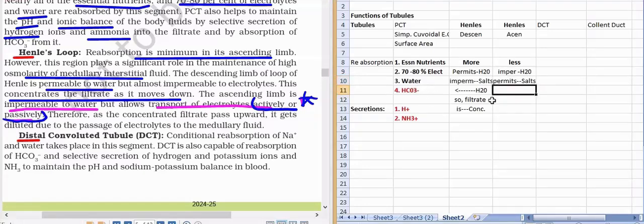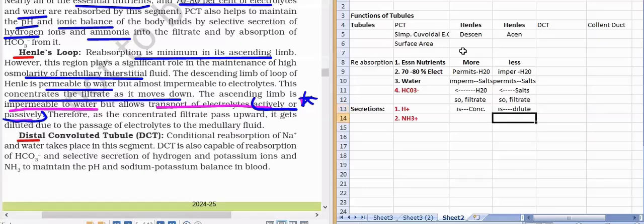So there is no problem. Opposite. So what does it mean? It is allowing salts to enter. So then salts can enter. Because the salts are less, it's dilute. So the filtrate, now you can call it urine, is dilute. This is the concept, that's it.